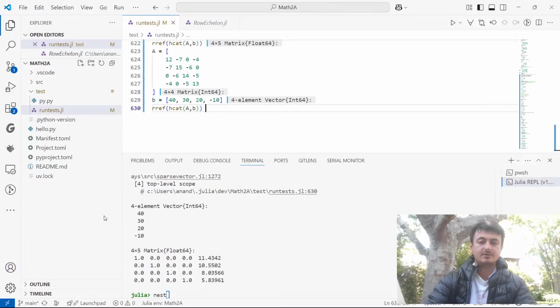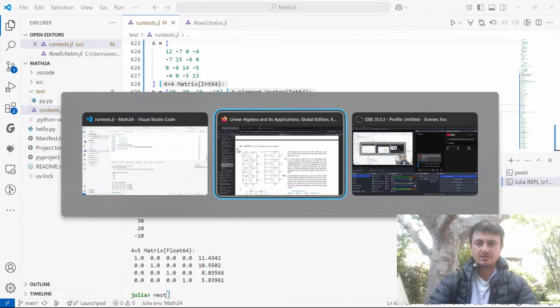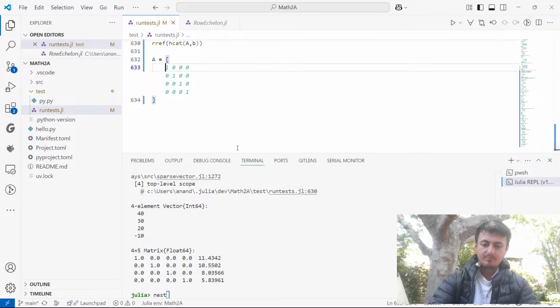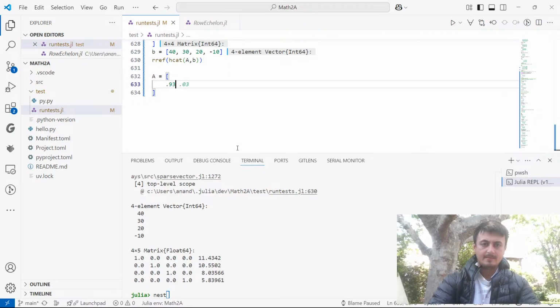Okay, so we're just going to do this. I'm pretty sure that you can do, so if we have A is equal to 0.93, 0.05, 0.07, 0.95.